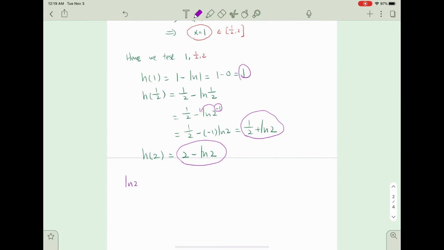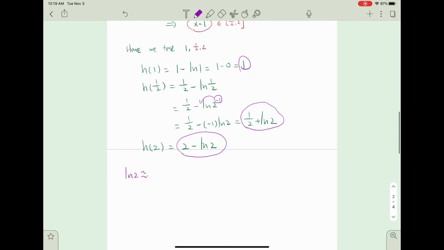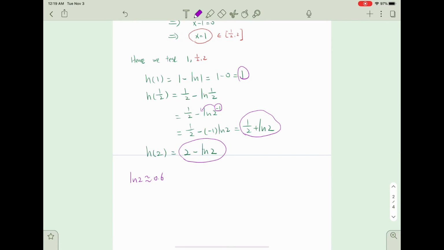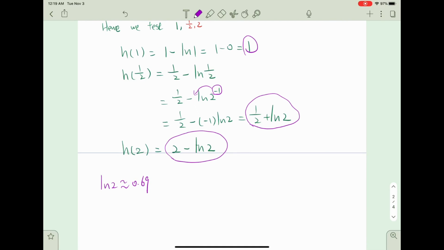ln 2 is approximately 0.69. Okay, right?